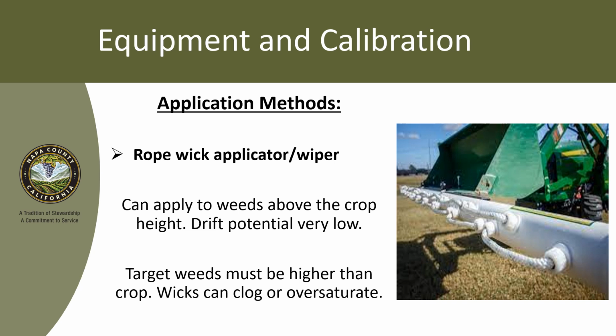And so the only thing that comes in contact with the pesticide wicks is weeds that are higher than the crop. The only downside to this really is that in theory the wick could clog or oversaturate and drip onto the crop, but there's pretty much zero drift potential using a rig like this.